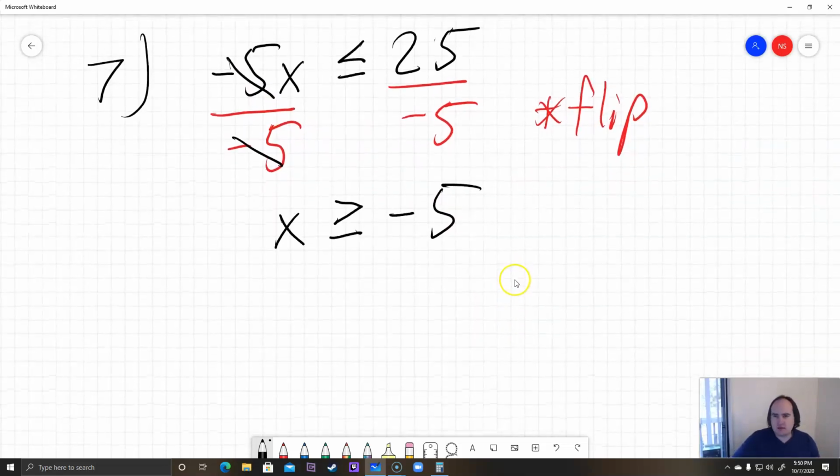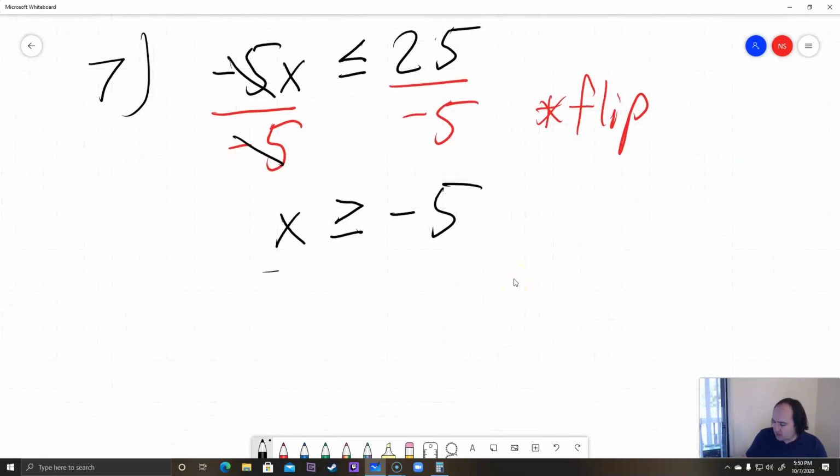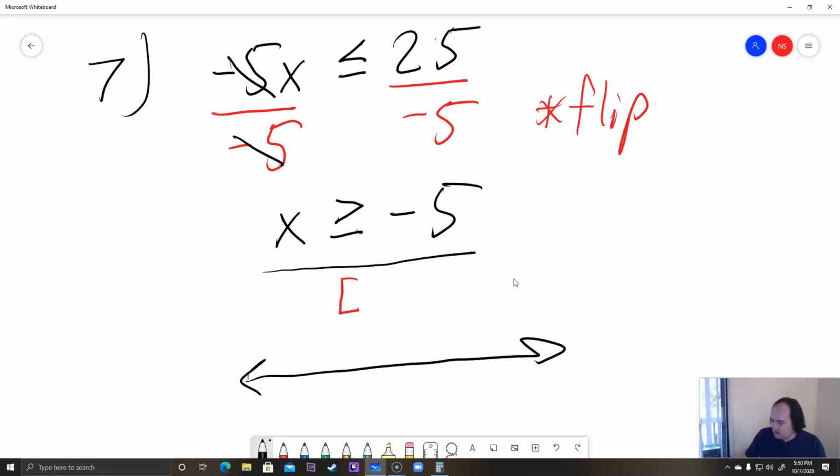Okay, so we solved it. That one was actually pretty easy to solve, but it had that extra trick, so I had to show you that. Okay, and then the next thing we're going to do is graph it. And because it's greater than or equal, we're going to be using brackets. And greater than goes to the right. So we're going to have a bracket at negative 5, and then our graph goes to the right.